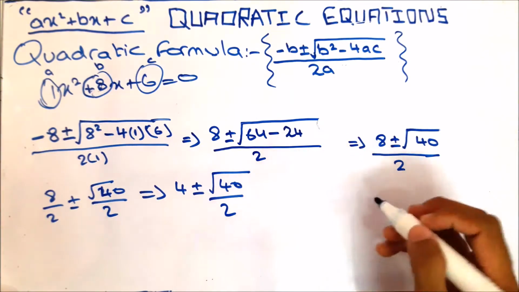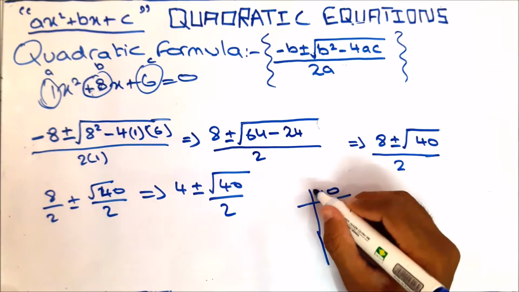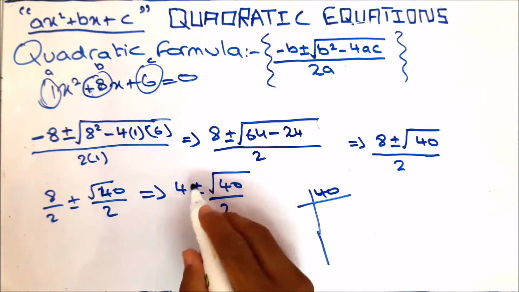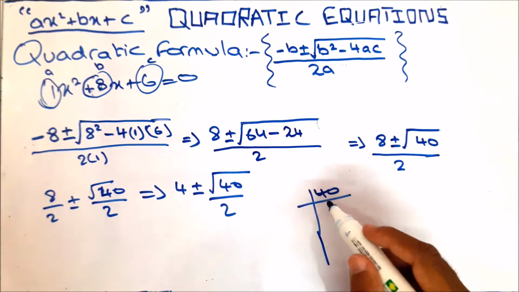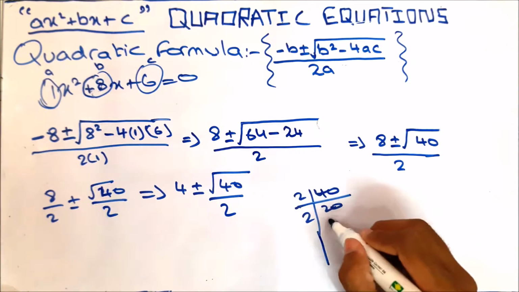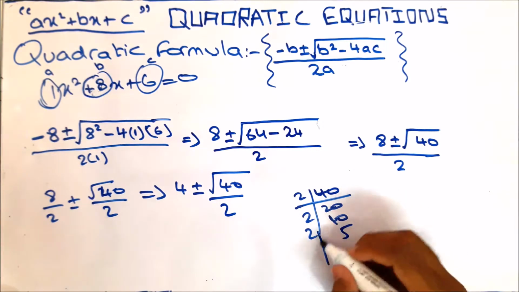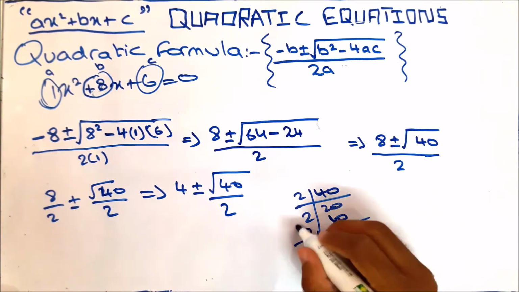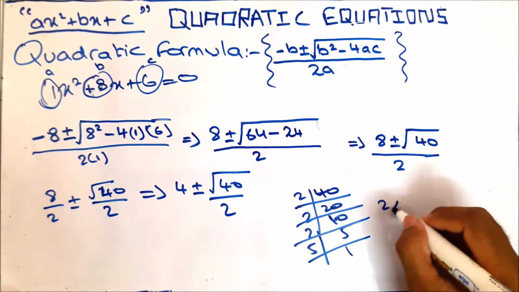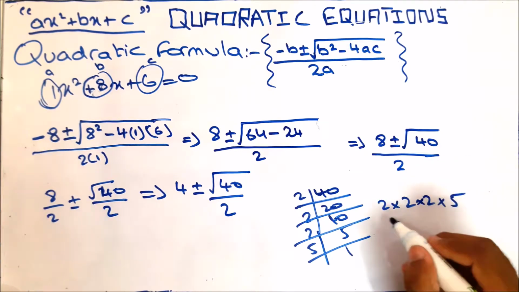We can see what the square root of 40 is. We can take the factors of 40 and see if we can take something out of it. Let's do it. 2 times 20, 2 times 10, 2 times 5, and 5 times 1. Our factors are 2, 2, 2 and 5.